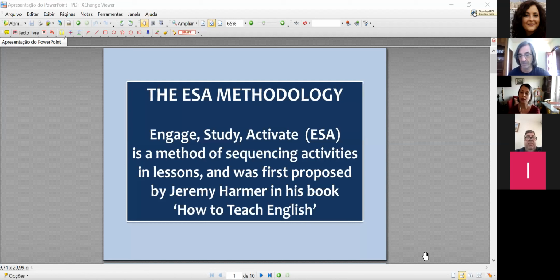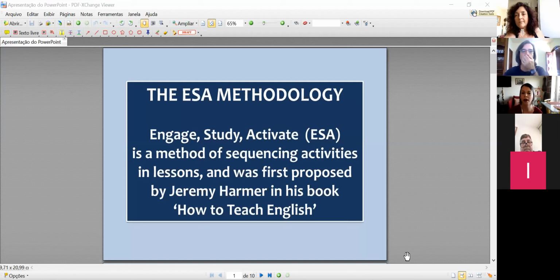I think the books already have this kind of structure, but I'm giving an example. I'm going to give an example of my conversation class, which we do not have a book, so I have to prepare all the material by myself. So I think this is a very good way to structure a lesson. So this is ESA, means engage, study, and activate.